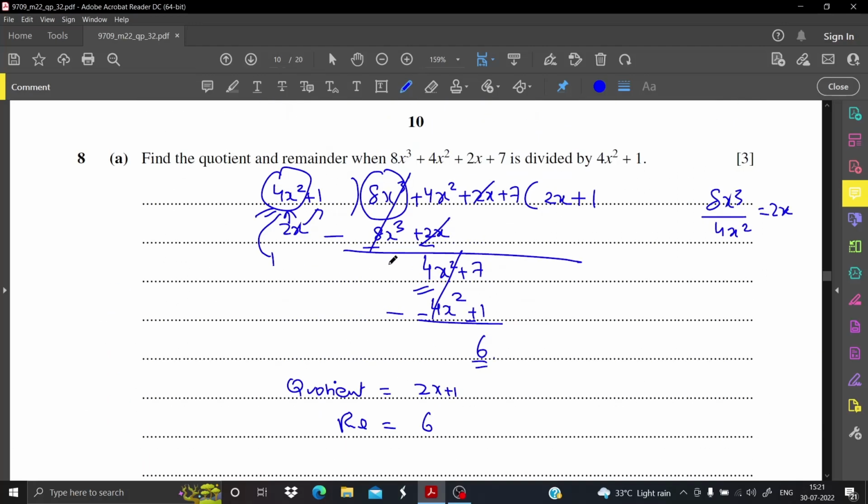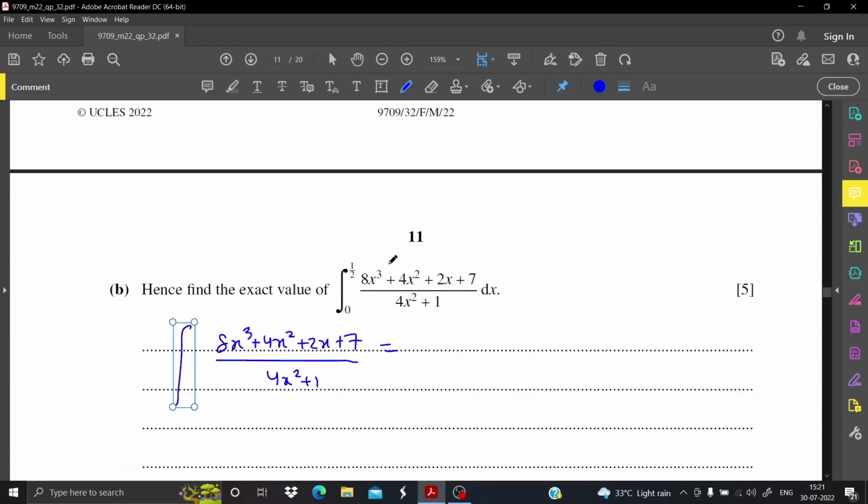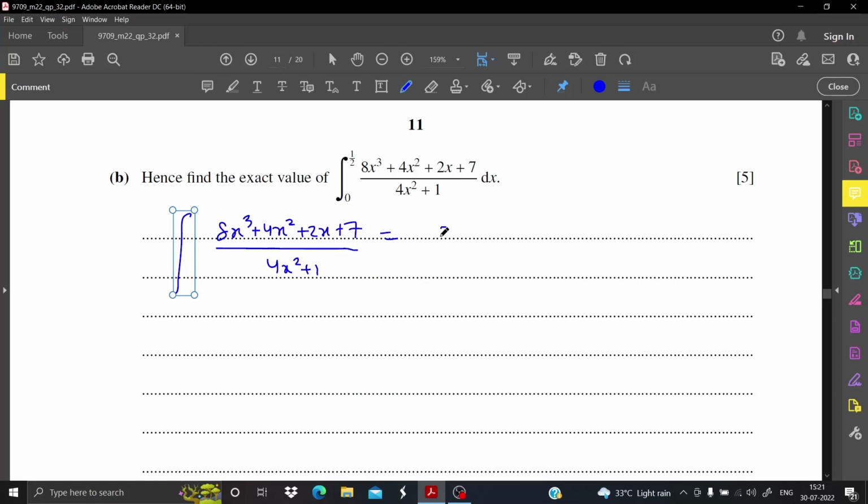So we're going to use the first part, part A, in part B. We already got the quotient 2x plus 1. The remainder is 6 divided by 4x squared plus 1. So we have to integrate the whole thing between 0 to half.